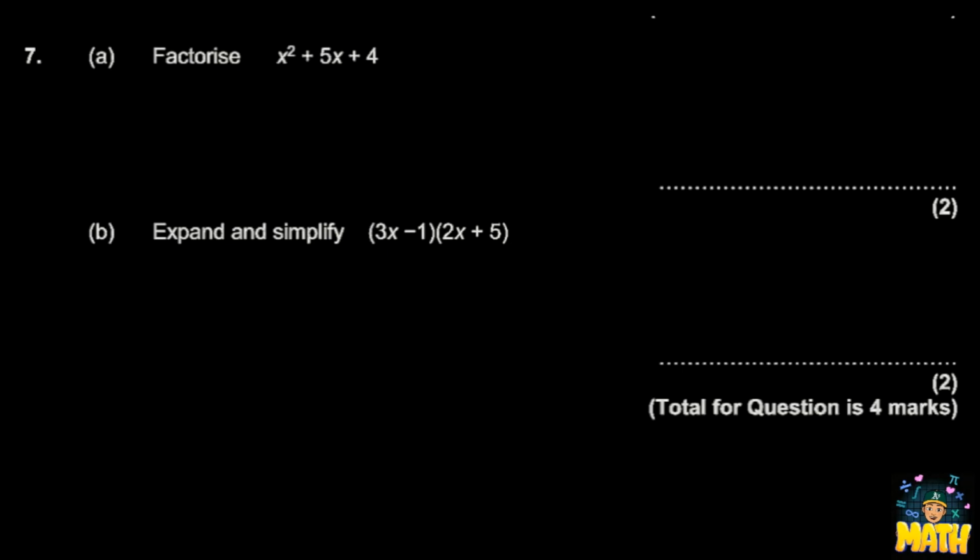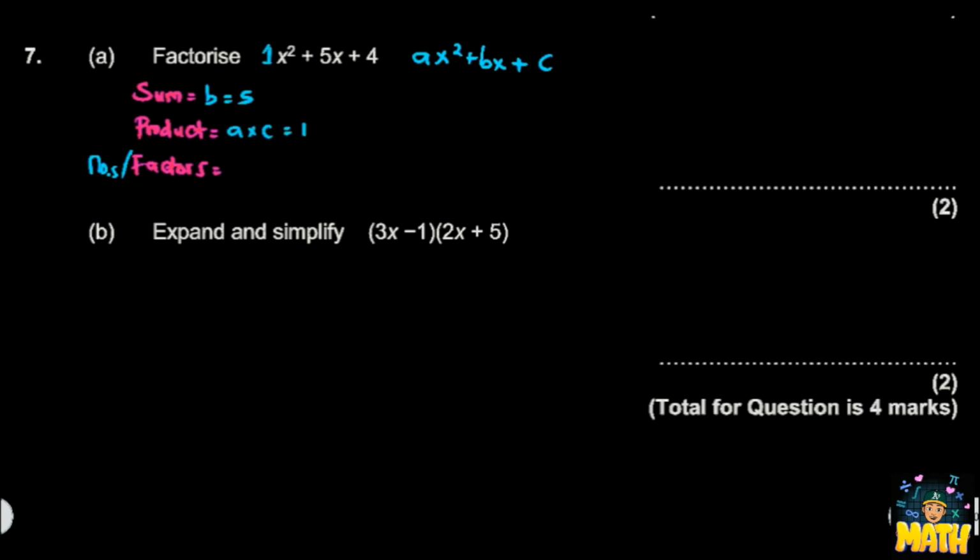Factorize. Once again, we start with sum, product, and factors, also known as the numbers. All right, so writing that, our sum is b, which is 5, our product is 4, and then our factors are found from the product.